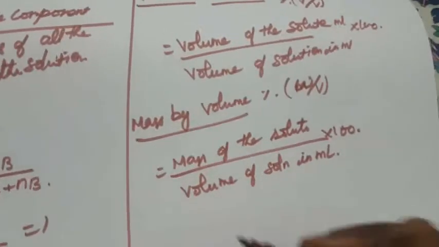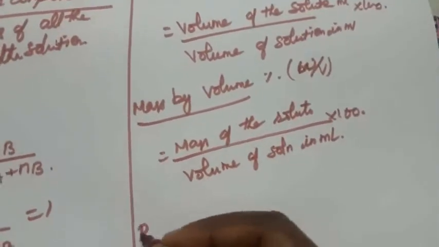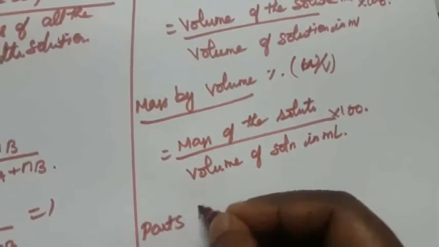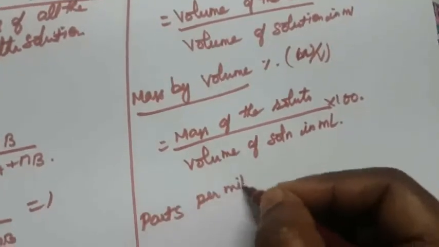Next one is parts per million. What is meant by parts per million? That is ppm.